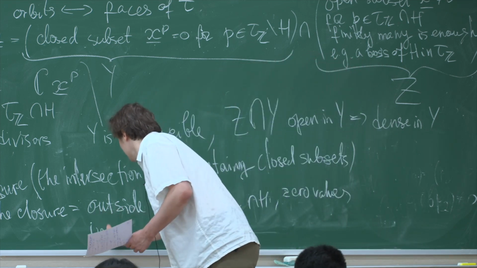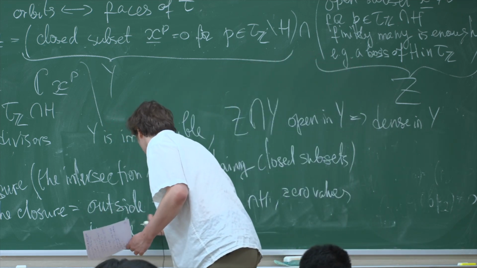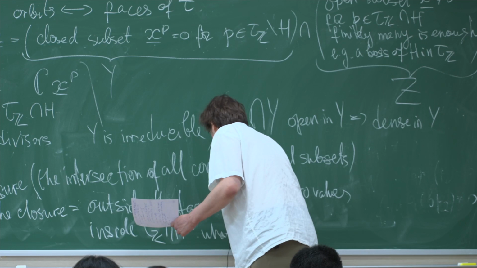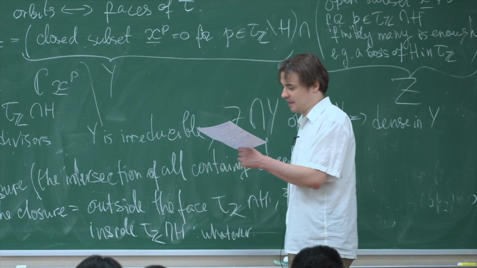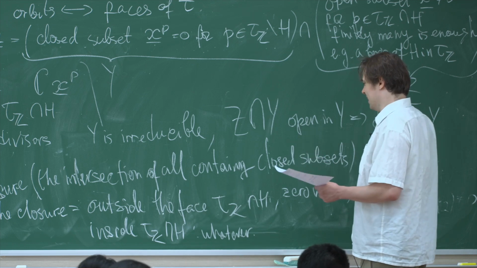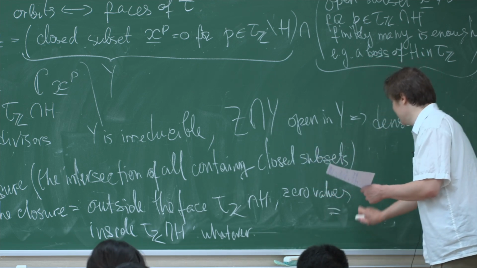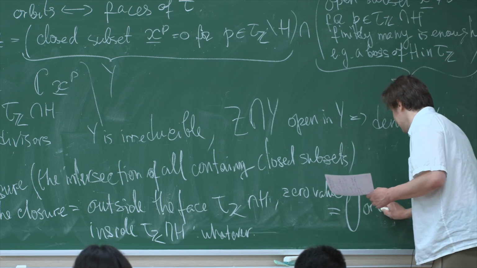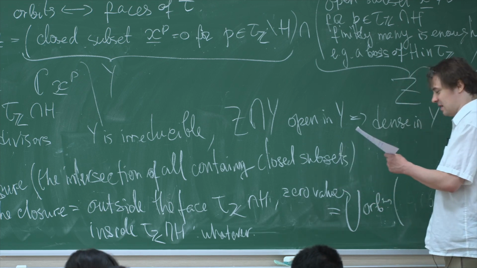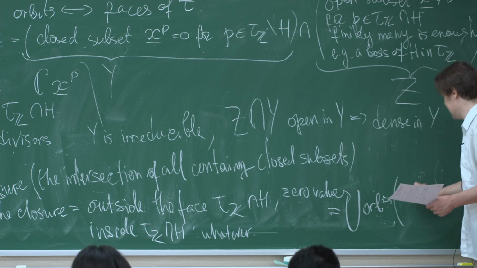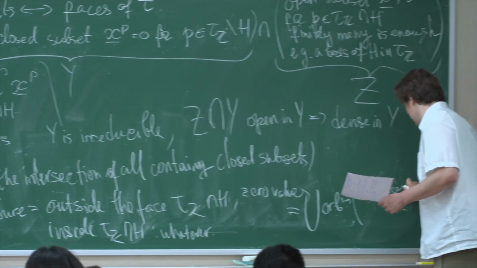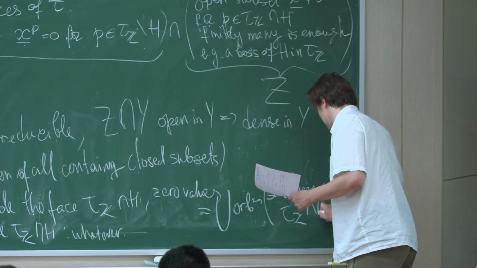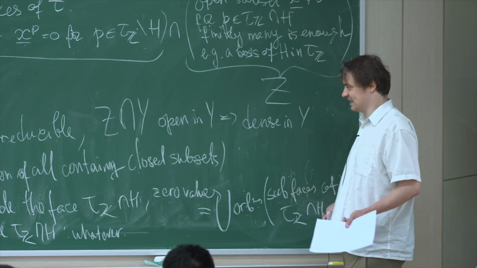So inside tau ∩ Z ∩ H, whatever. Maybe zeros, maybe no. So in other words, this is the union of orbits corresponding to subfaces of tau ∩ Z ∩ H. Some faces inside here.